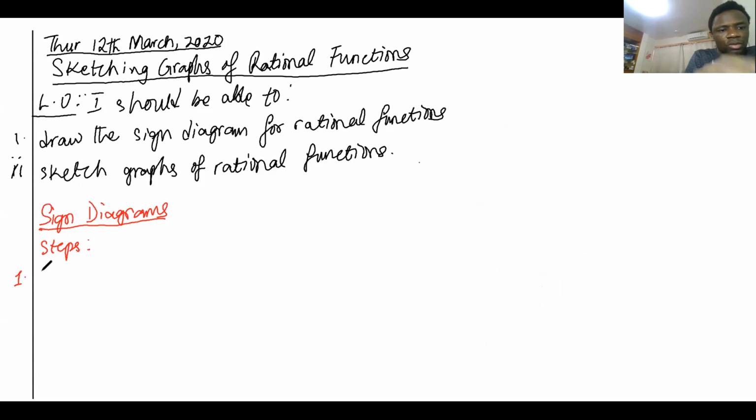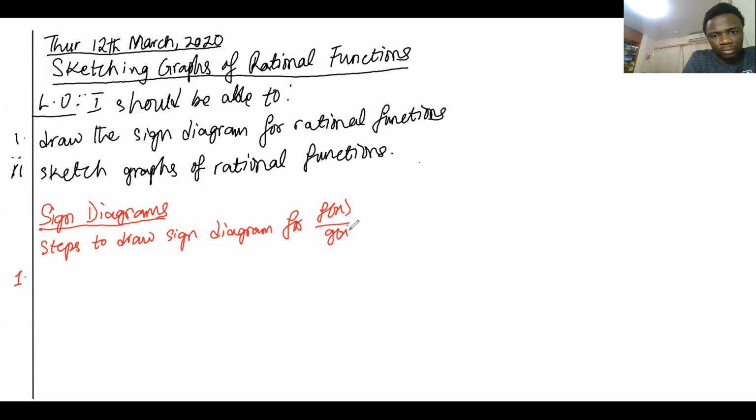Steps to draw the sign diagram for the rational function.